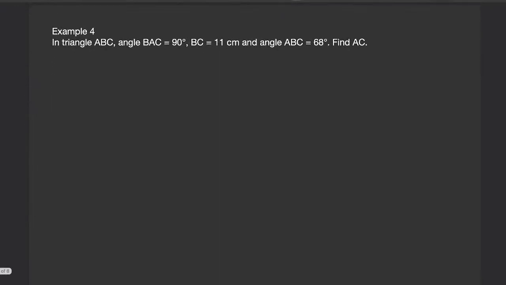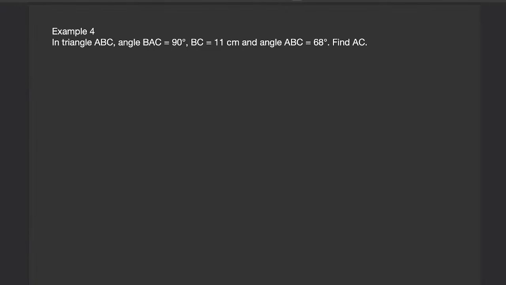Example 4. We have another worded question right here. It says, in triangle ABC, angle BAC is equal to 90 degrees, BC is equal to 11 cm, and angle ABC is equal to 68 degrees. Find AC.